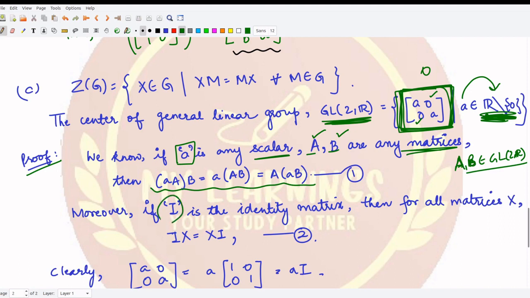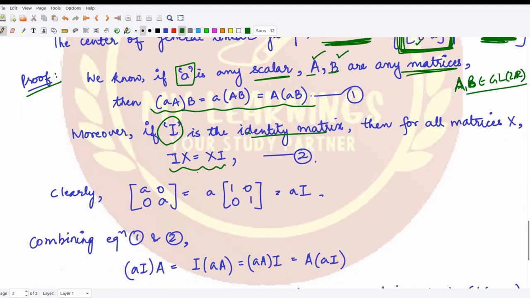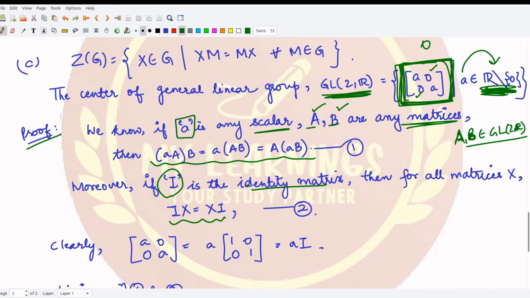Now if I is the identity matrix, then for all matrix it would commute with all the other matrices, correct? This is the property of identity matrix. So let's mark this as equation 2. Now clearly this matrix A0 0 A could be written as, you can take out A outside, so it would be A into I, correct? It would be of order 2.